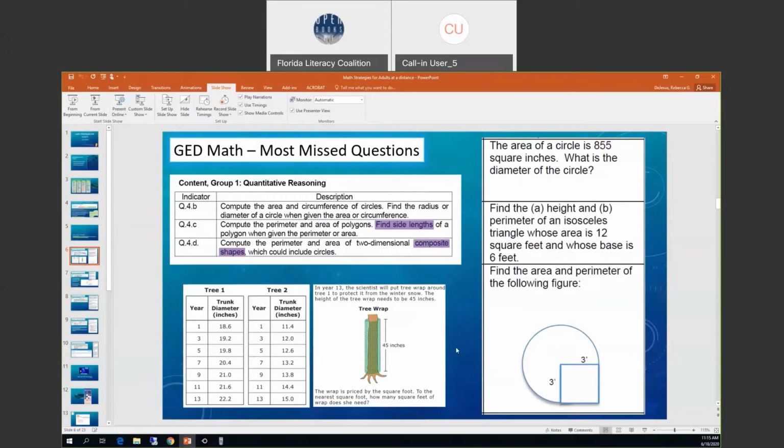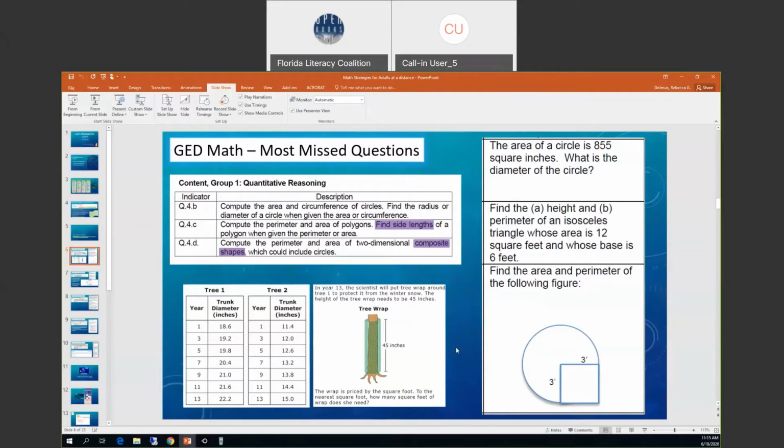Testing in the old days was a little bit more straightforward and tested skill by skill. Now, our younger students who are coming straight out of school, straight out of K-12, they're more used to this, so they can handle it a little bit more.